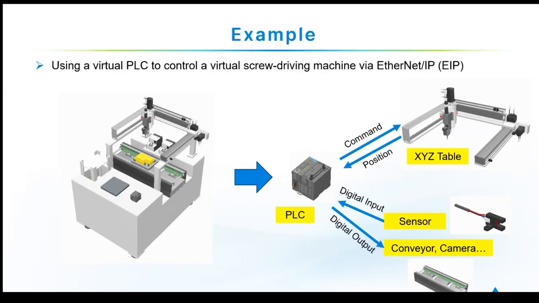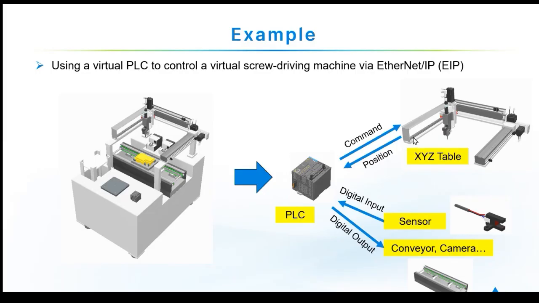But for the PLC cases, we have to distinguish what kind of component you are going to control. An easy way to distinguish it is that at the top side is the analog signal.